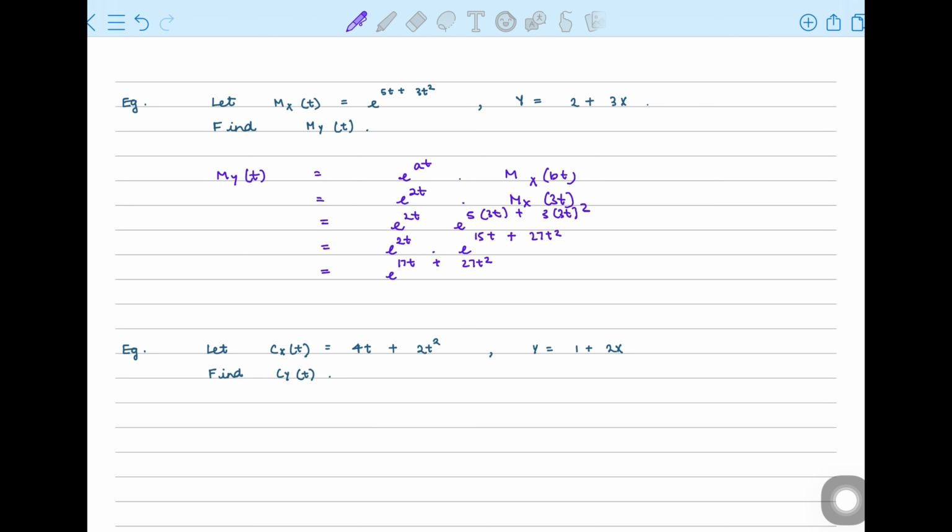In the second example, we've been given the CGF with respect to x and the equation for the random variable y. We are to find the CGF with respect to the random variable y. We start by writing the standard form.